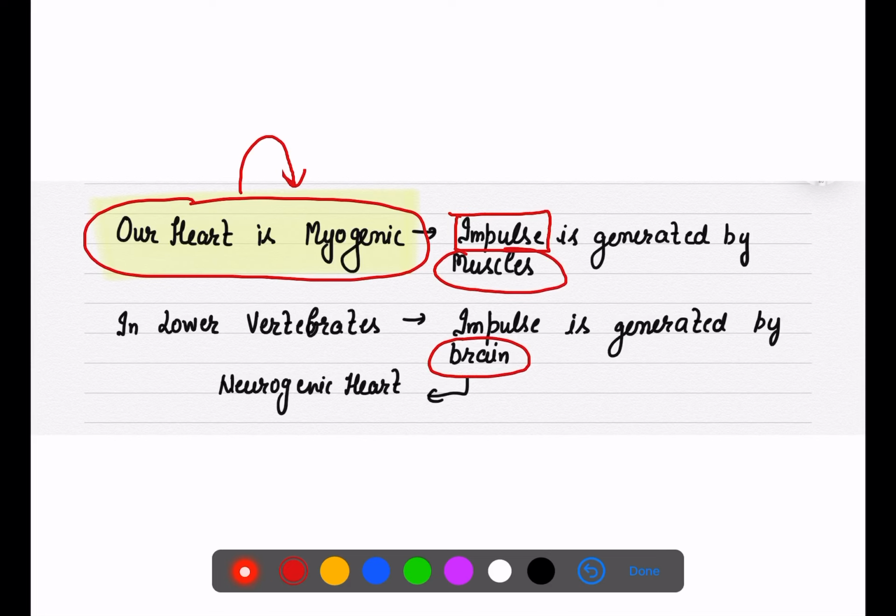So their heart is neurogenic in nature, but our heart is myogenic in nature. Please don't mark the wrong option in this question. Please, our heart is myogenic, right? So you need to be very careful when you are attempting these kinds of questions.